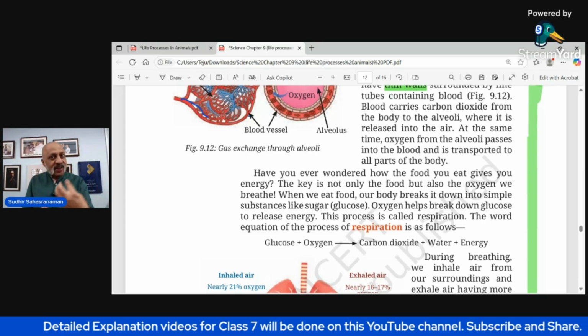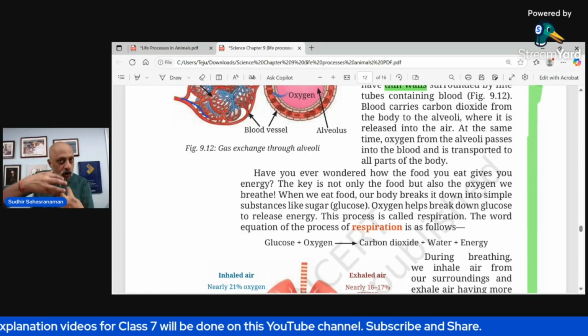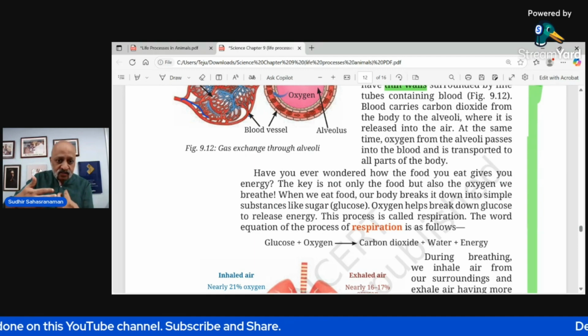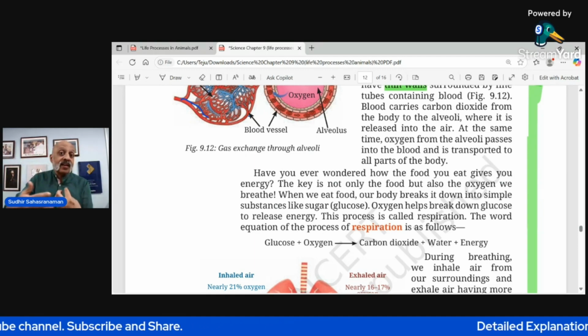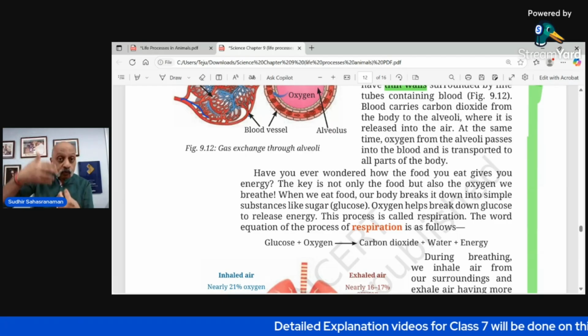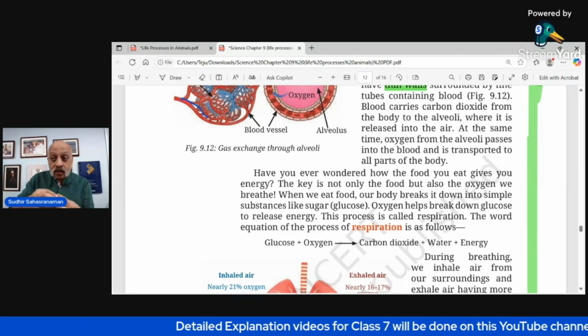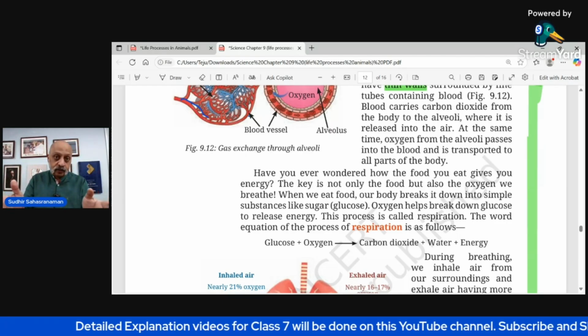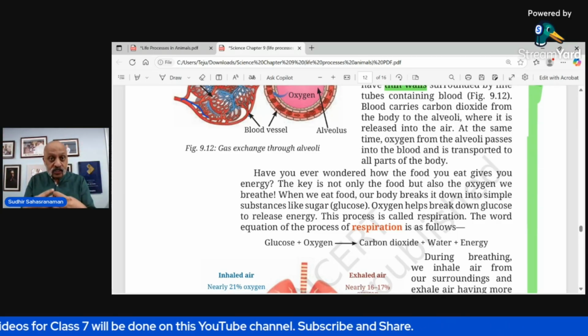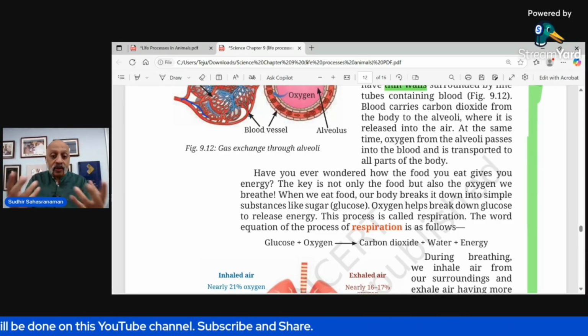When we eat any kind of food, the body breaks it down into simple substances like sugar. That is done by the digestive system. What happens then is that the oxygen that you are inhaling helps to further break down the glucose in order to release energy. The oxygen reacts with the food, the sugar, in order to release energy.